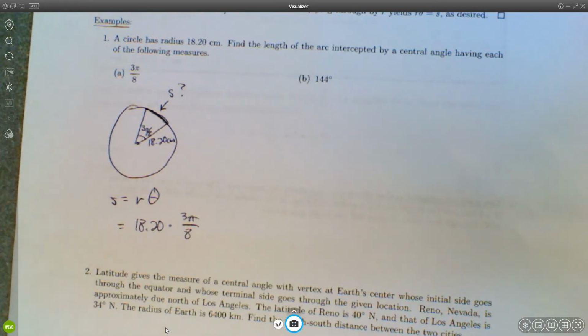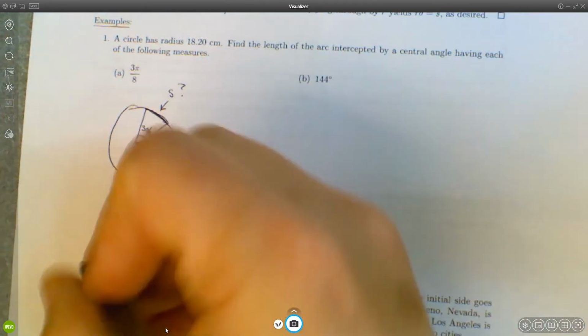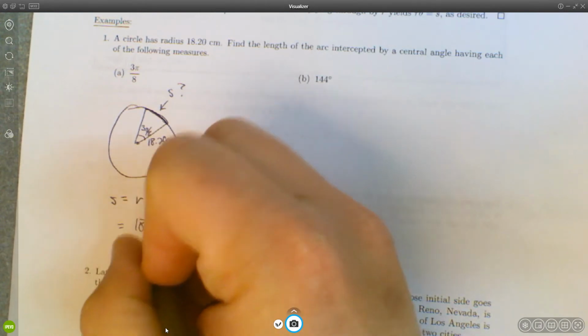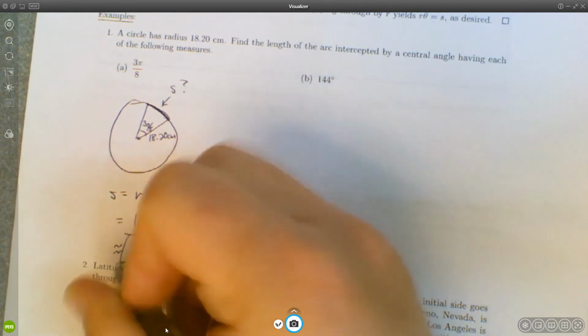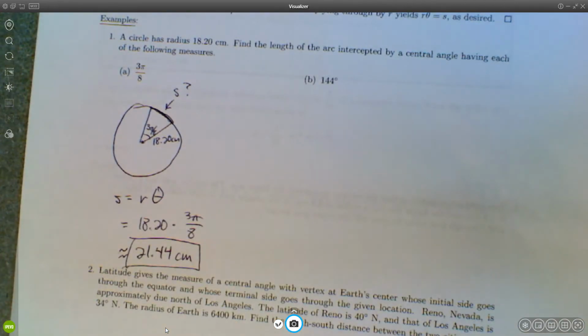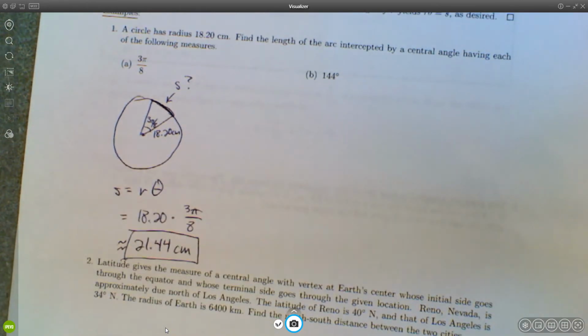So let's see. 18.2 times 3 pi over 8 is approximately 21.44. Okay, so that's that. So normally for a problem this simple, I probably wouldn't draw a picture, honestly.